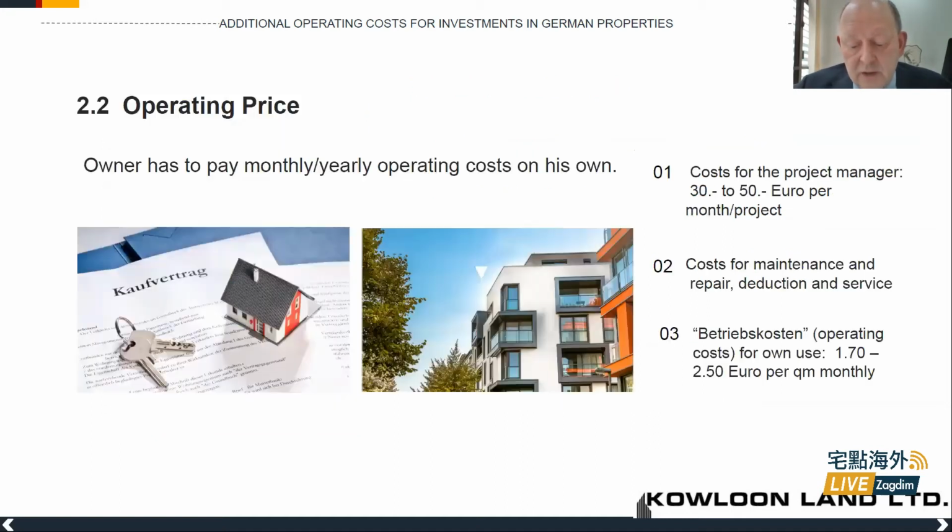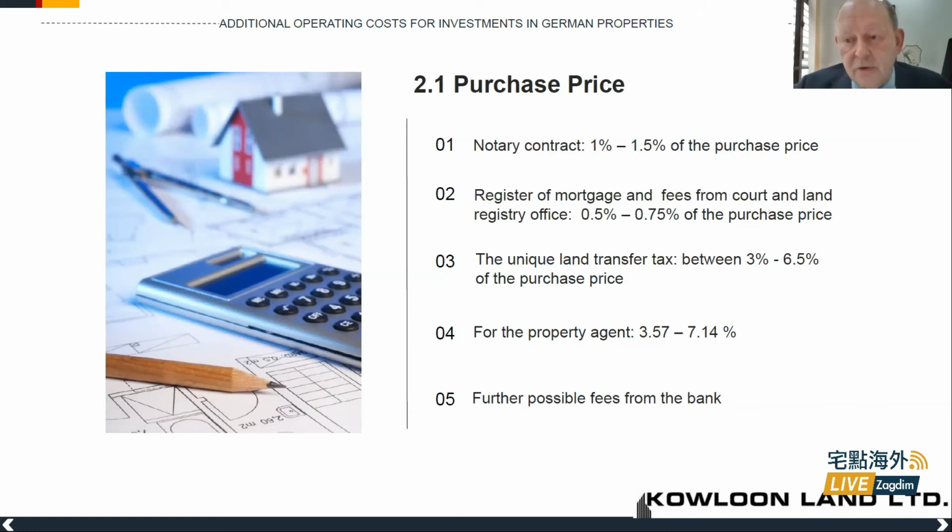Next one is the land transfer tax. This is one of the highest things you have to pay when you make an investment. It's totally different: all 16 areas in Germany have their own right for this kind of tax.